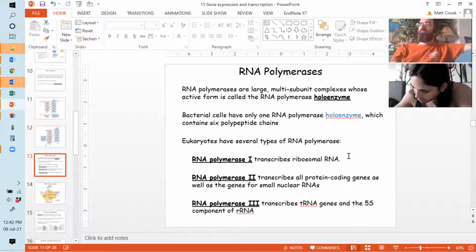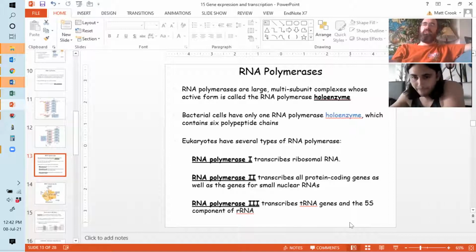RNA pol 1 does the ribosomal RNA. RNA pol 3 does the tRNAs, which there are 20, and the small component of ribosomal RNA. So there's actually 2 different ribosomal RNAs in every ribosome.